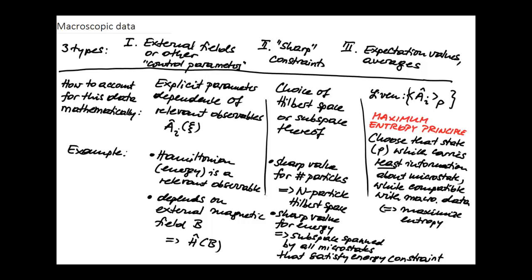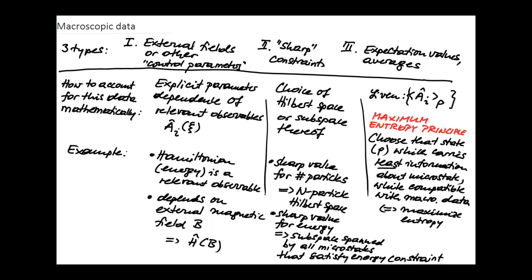You have to describe the system by some density matrix that is compatible with this macroscopic data. There are lots of possibilities, and the one you pick is the one with the highest entropy, compatible with the constraints.